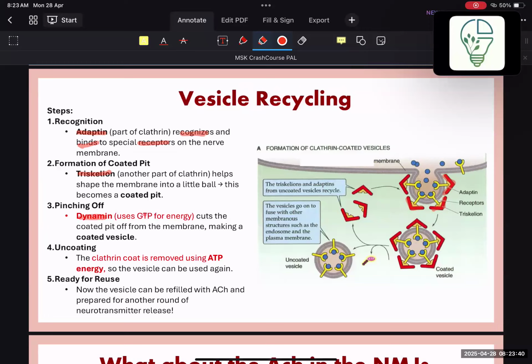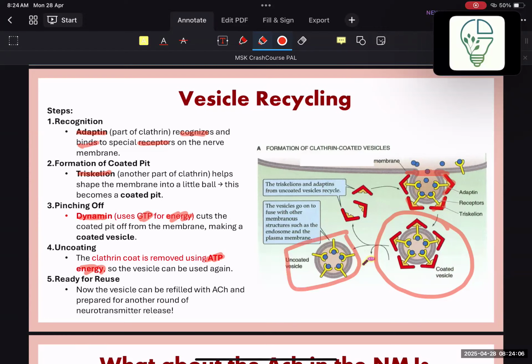Then dynamin, by using GTP for energy, is going to cut it off from the membrane, returning it into this formation. Then to lose the clathrin from the entire vesicle, you're going to use ATP. So there are two steps that need energy. Number one is dynamin to pinch it off. Number two, you're going to need ATP to release the clathrin. And now you have an uncoated vesicle that's ready to be reused.